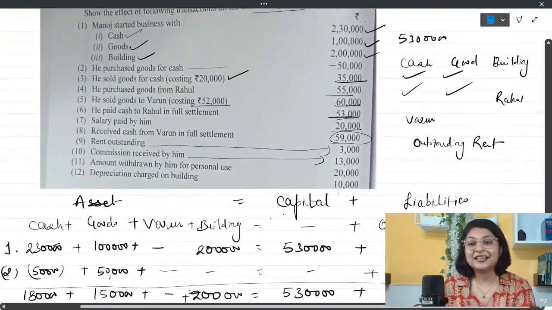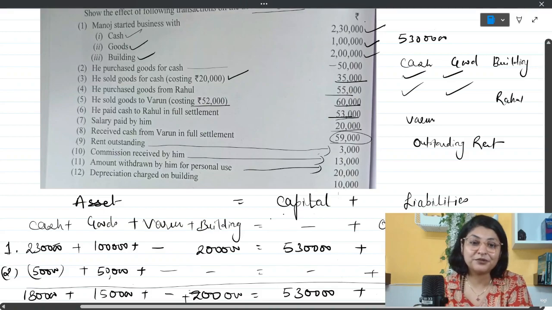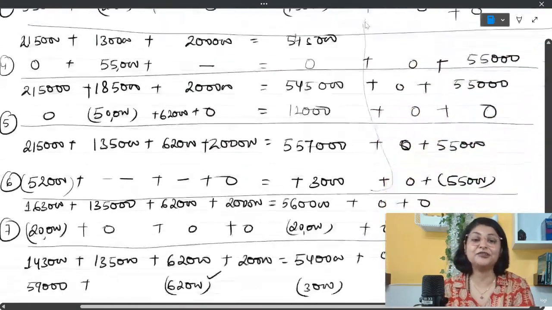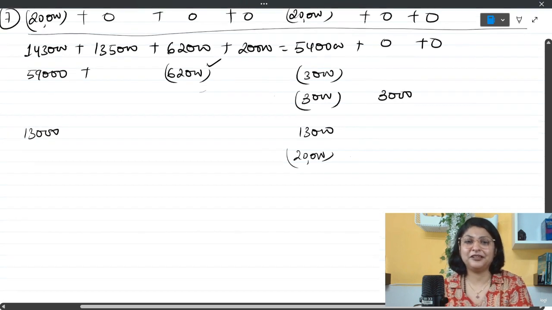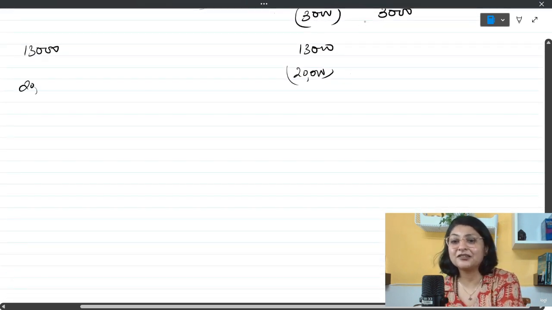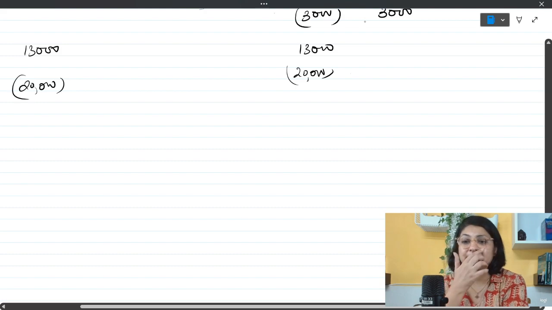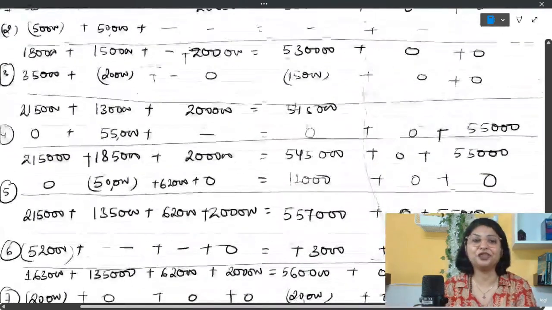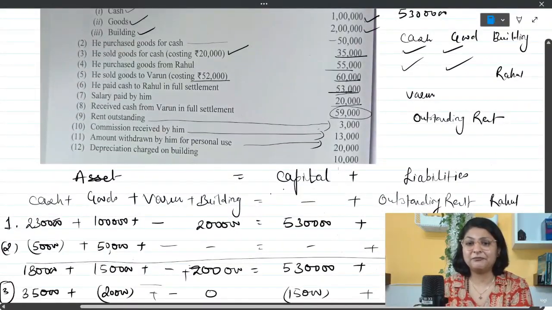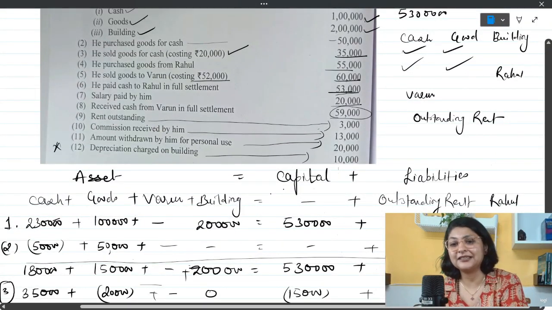Now next transaction is amount withdrawn for personal use. Whenever personal use means proprietor's account has to be deducted. So 20,000 will be deducted from capital and 20,000 will be deducted from cash as well. From both the places, cash and capital, we are going to deduct 20,000. After this, we have been given depreciation. Put a star mark over here.